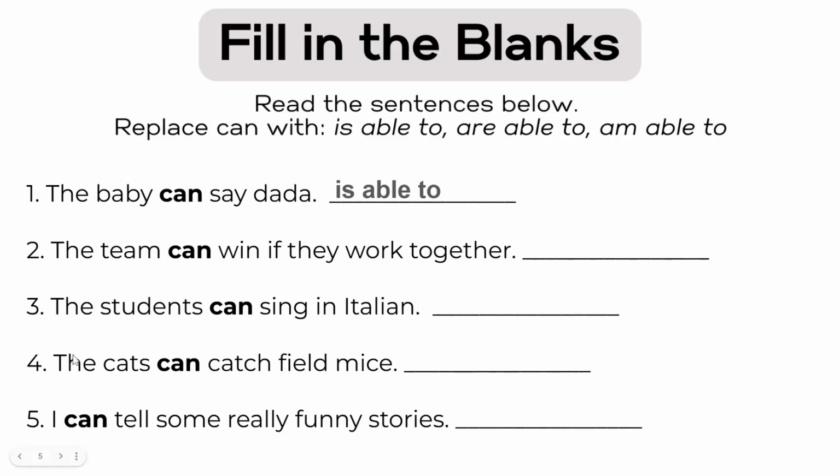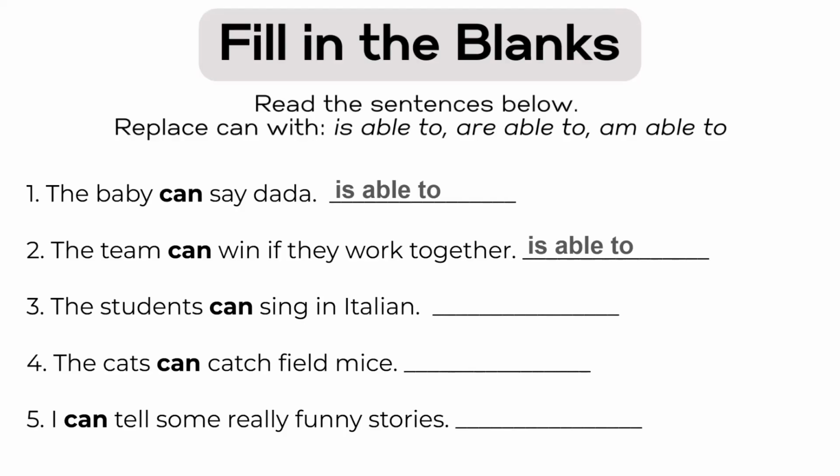This one is tricky because the team is not a plural noun, but a collective noun, which means it may have many things in it, but it is acting as one group, one thing. So the subject pronoun for team is actually it. So the correct answer for number 2 is is able to. Let's read number 2 aloud. Number 2, the team is able to win if they work together.